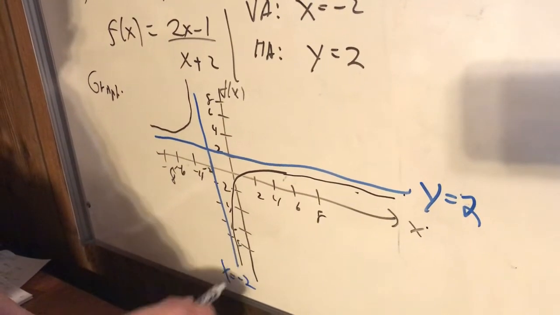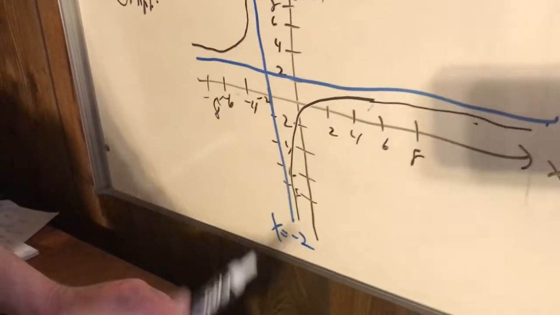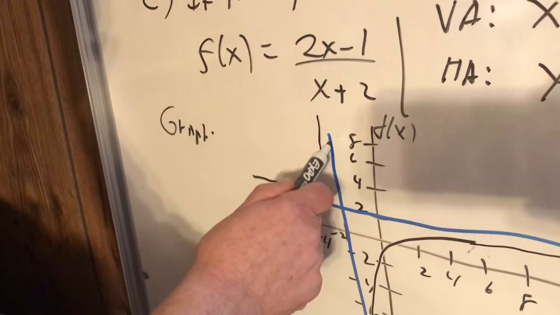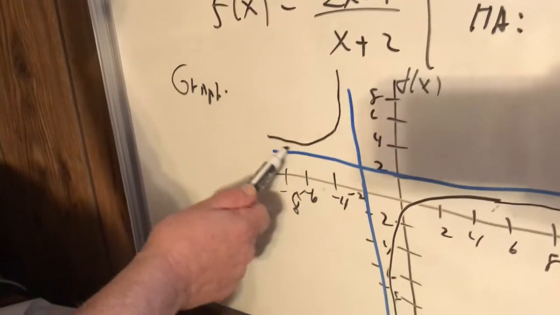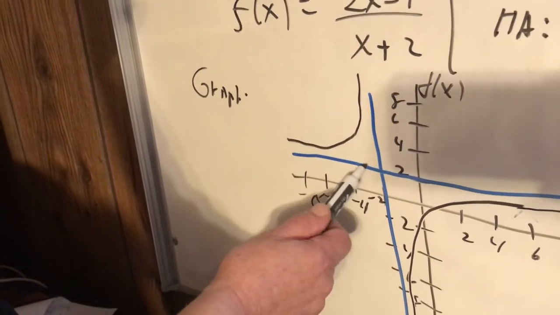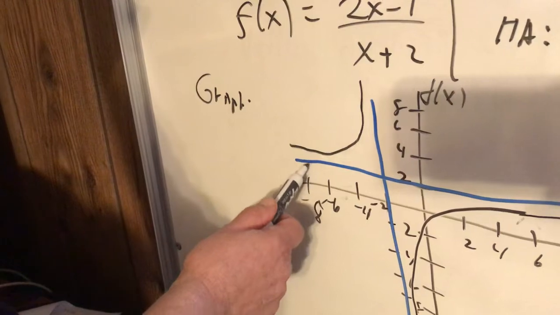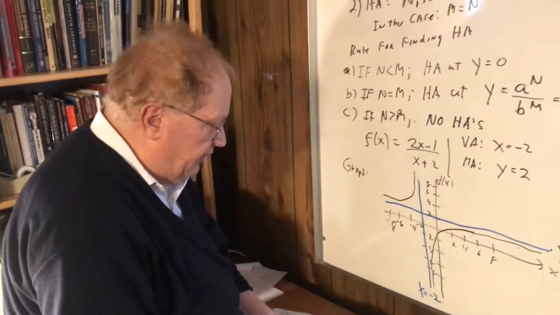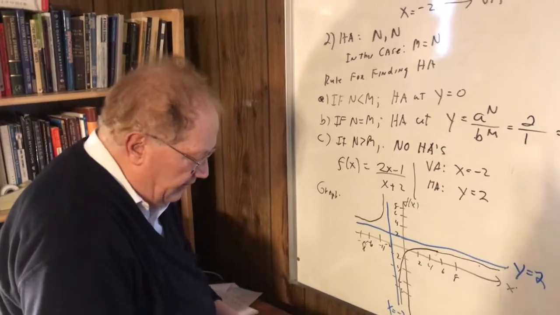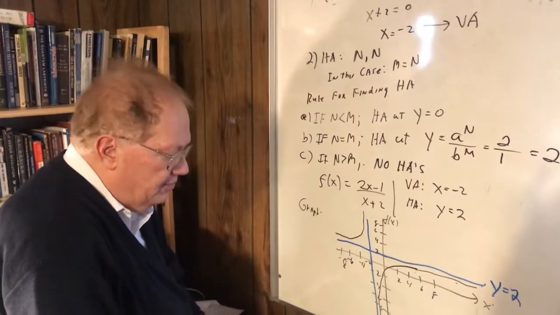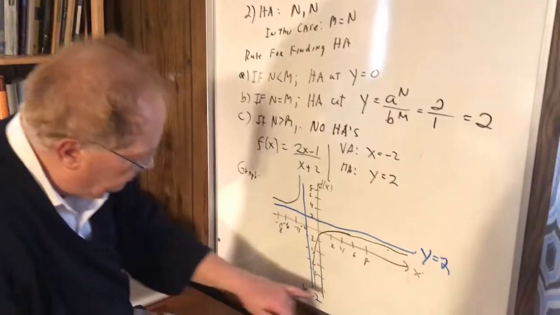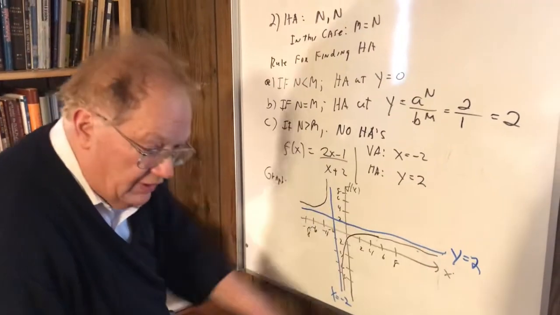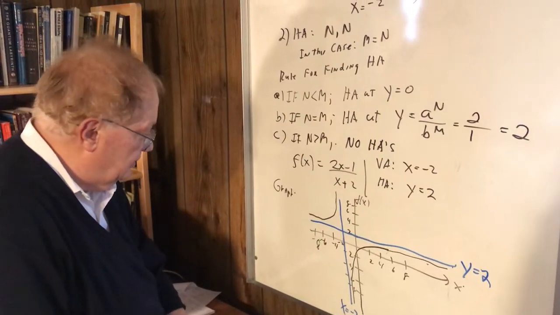To the south, it's approaching x equals minus 2. If we look at this part of the curve, from the north, it's approaching x equals minus 2. As it goes this way, to minus infinity, it's approaching y equals 2. And there are your asymptotes. Notice the curve never hits y equals 2, and it never hits x equals minus 2. So these are not really solutions to these equations.